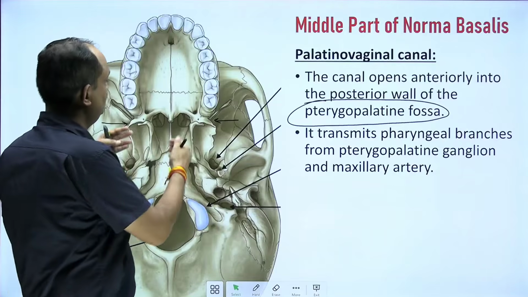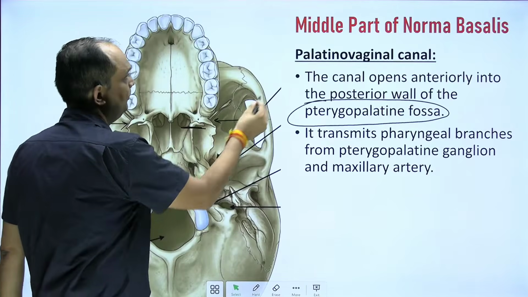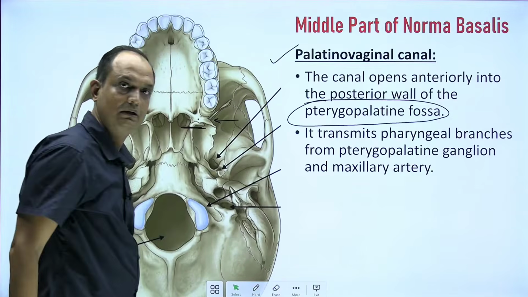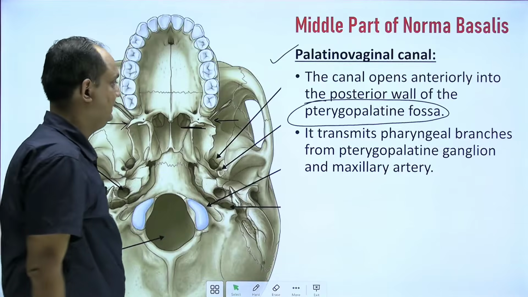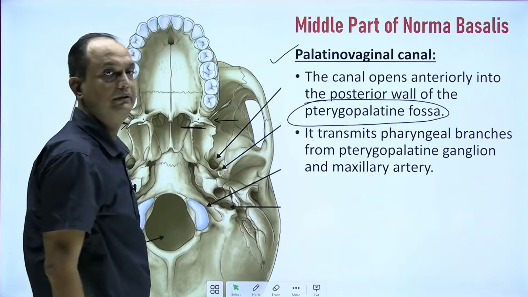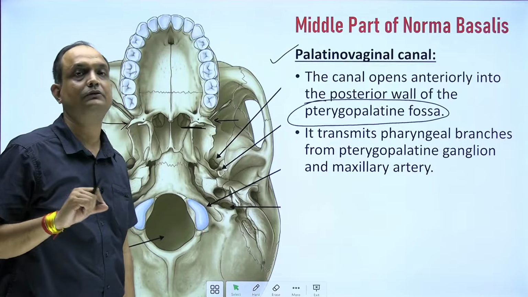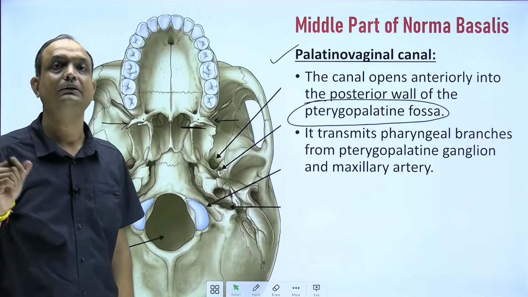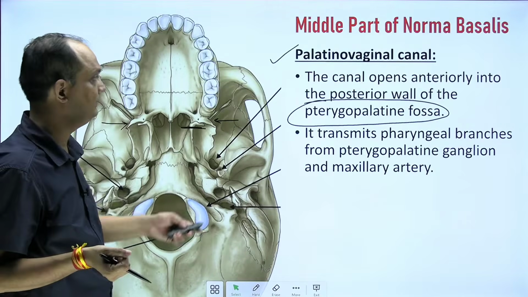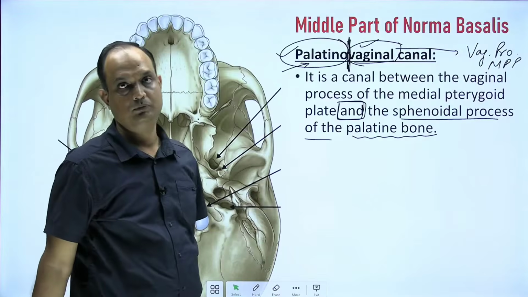In that fossa, posteriorly here, you will have an opening of palatinovaginal canal, and this palatinovaginal canal is again formed between the vaginal process of medial pterygoid plate and the sphenoidal part of this palatine bone. Clear?